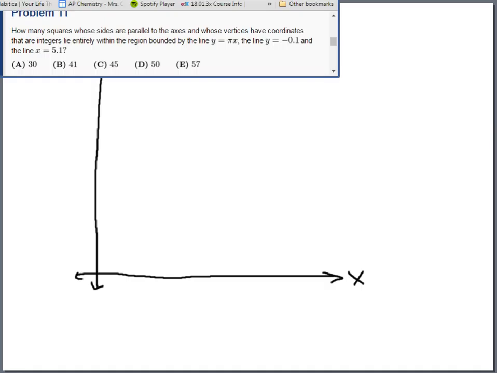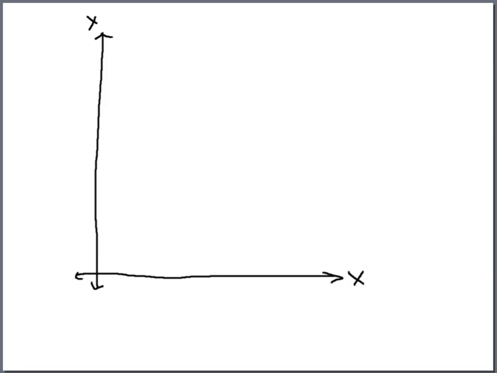When you draw the bounds, what you really want to do is plug in numbers and see where these bounds meet. So we know it's going to look like a triangle like that. All we really need to plug in is x equals 5.1 into y equals pi x. That's all we need to find.